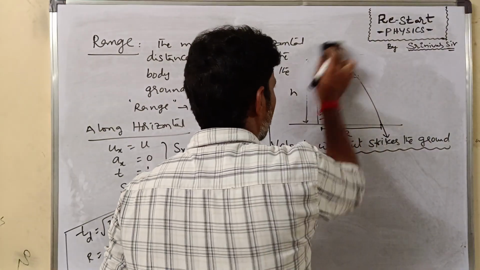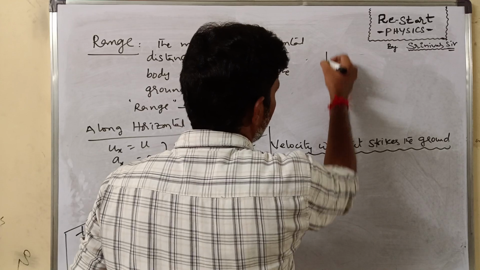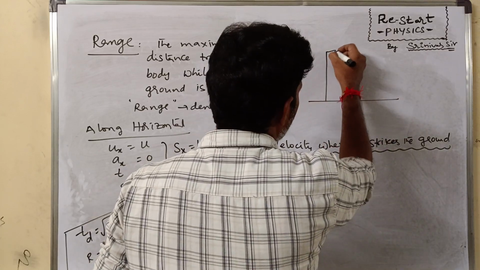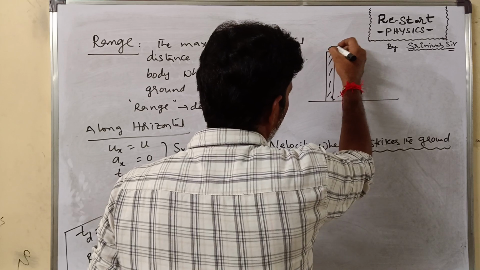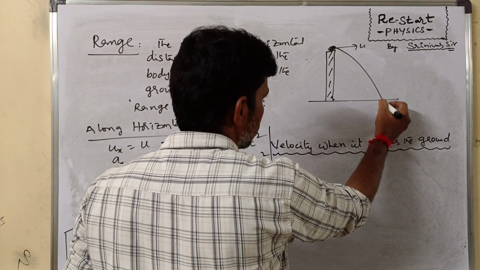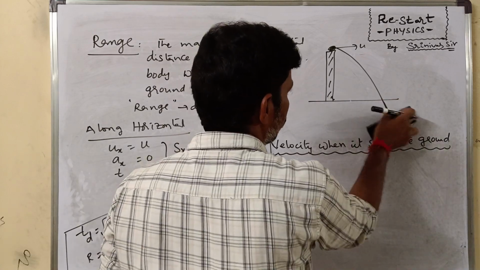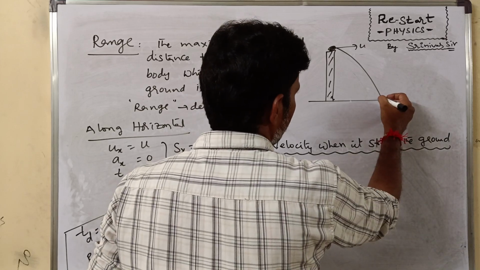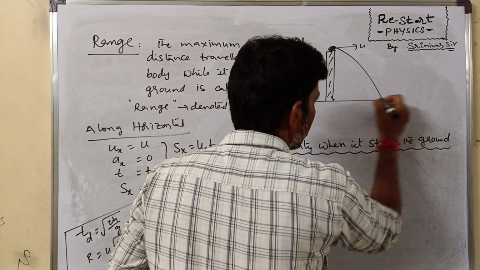So this is the ground. This is the tower. The body is projected like this with initial velocity u, and it is moving like this. This is the velocity, and the path of the projectile is like this. At this point it is the ground.